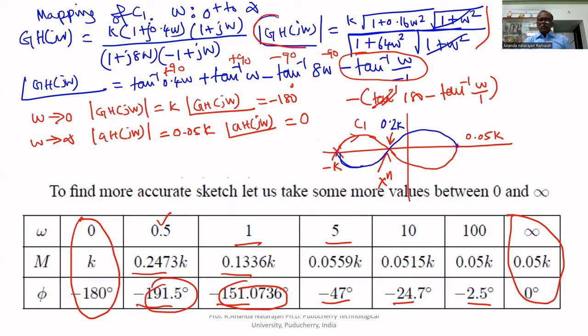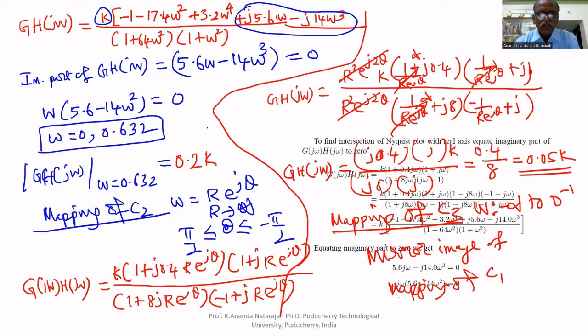So it goes this way, then it stays here for omega equal to infinity, and then it returns like this. That's all. Now we have to discuss the stability of the system.